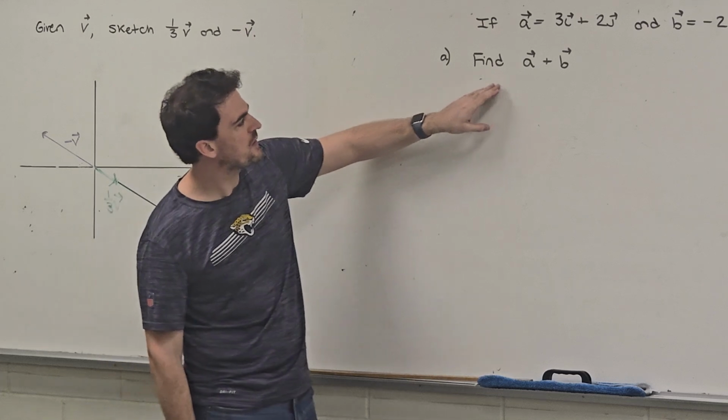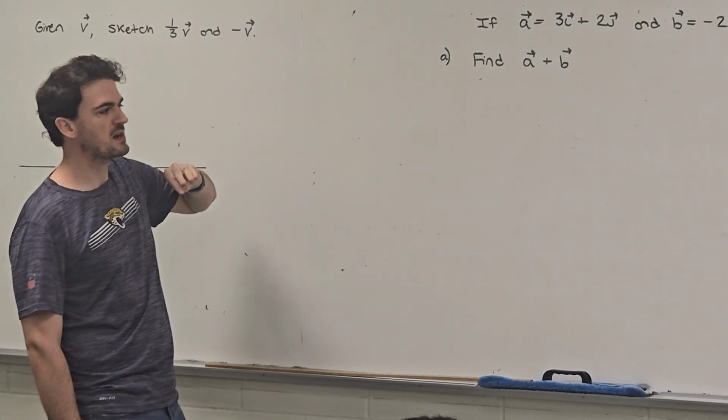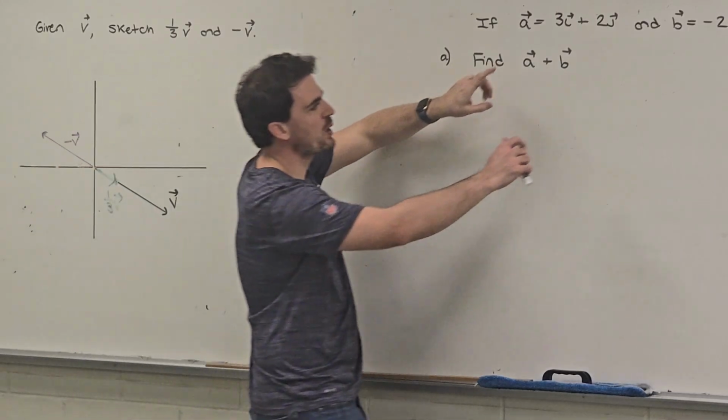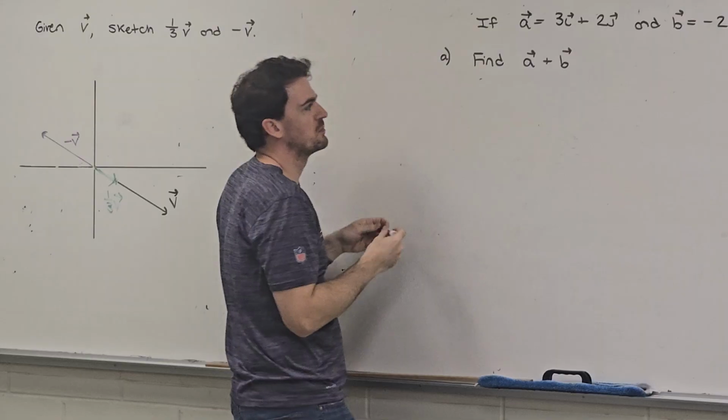The first part is to find vector A plus vector B. So mathematically, it's not too bad. It's the way you want to do it. You add the two x components, you add the two y components.